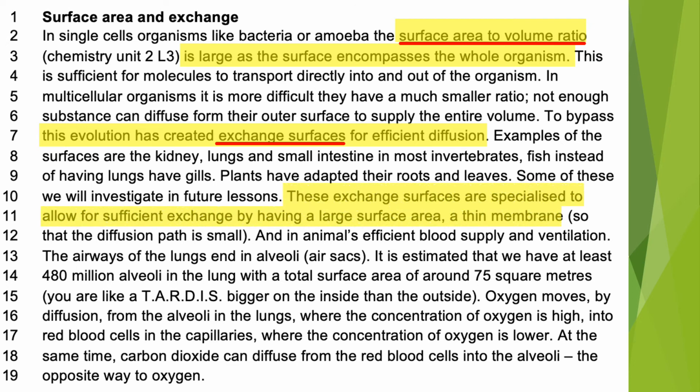These exchange surfaces are specialized to allow for sufficient exchange by having a large surface area and a thin membrane. Okay, so underline that last bit there where it says large surface area and a thin membrane. So I'm going to explain the thin membrane first because that's a little bit self-explanatory. If you have, let's say, a shirt, and your shirt is extremely thick, if you get wet or you're standing in the rain, it might take a little while for your body to feel that the shirt is really wet, right?